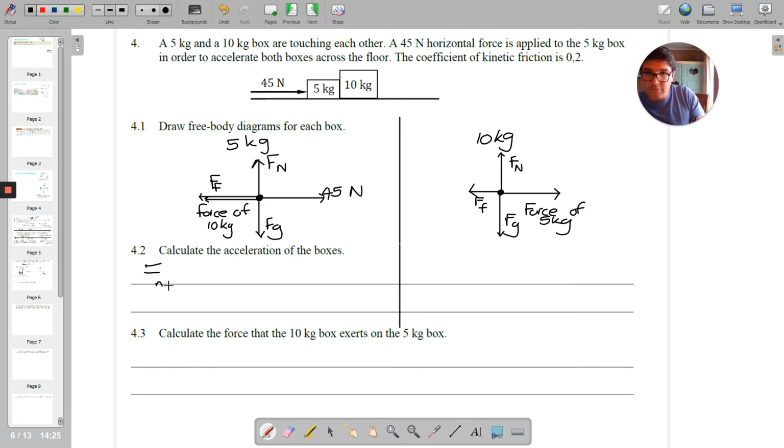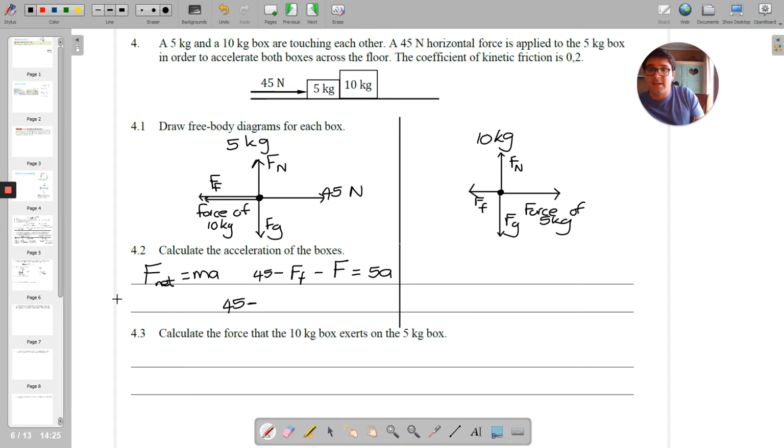So the net force will be equal to the mass times acceleration, which in this case would be 45 newtons minus the frictional force. And I'm just going to name that force of the 10 kg F, which is equal to the mass times the acceleration. Now, to simplify this equation, they say the coefficient of kinetic friction is 0.2.